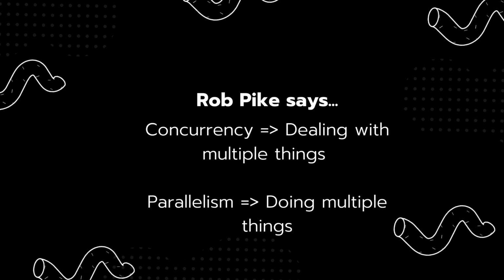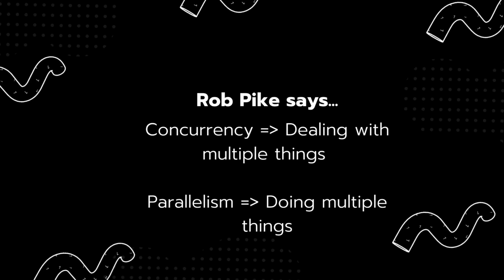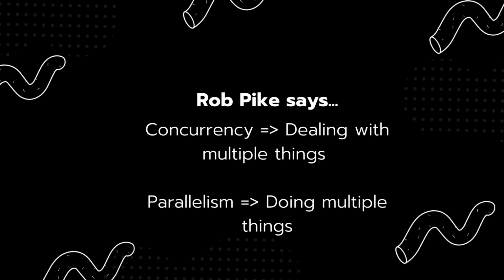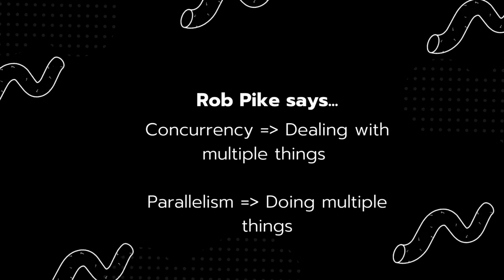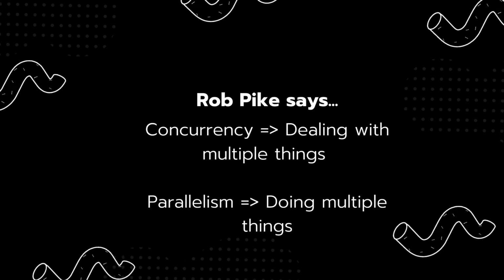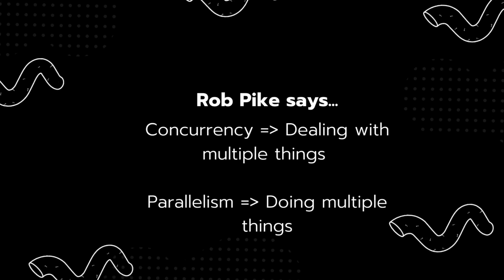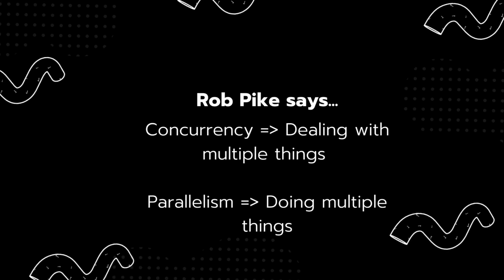They're not the same. There's also a talk by Rob Pike, who is the creator of the Go language and is a very famous, distinguished engineer at Google. There's a good talk that explains the differences between concurrency and parallelism.